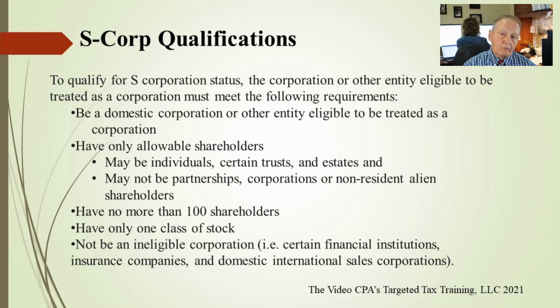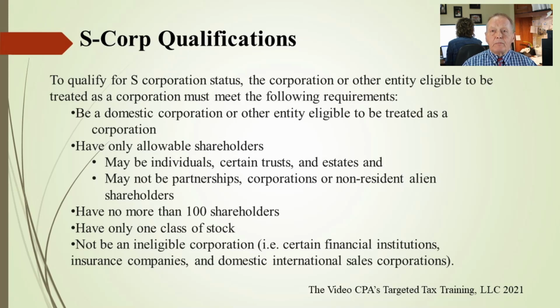So you've got to be a resident of the United States to be a shareholder of an S corporation. And you can have no more than 100 shareholders. So this is not a construct that is used by giant businesses in the United States. It's for small businesses, and it's a very good entity and a very good method to be taxed under for small businesses.